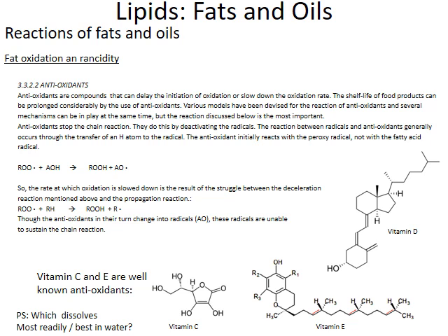Such an electron is called a radical, and the radical is being represented here by the dot in the equation. So you have ROO dot plus AOH gives ROOH plus AO dot. The dot is in fact the radical.